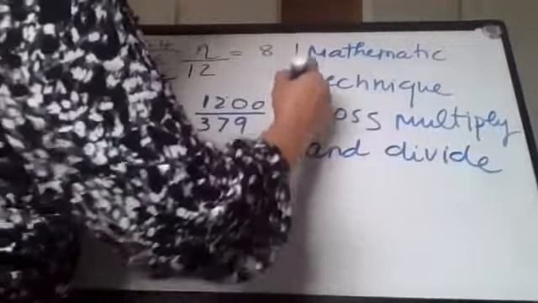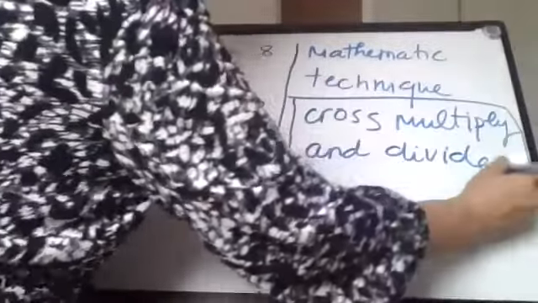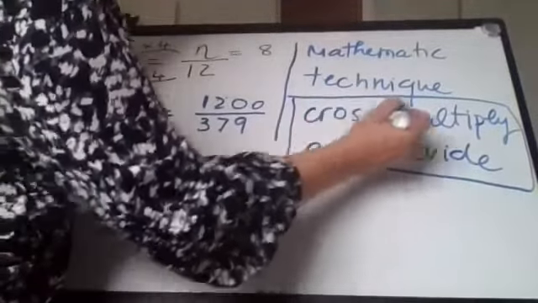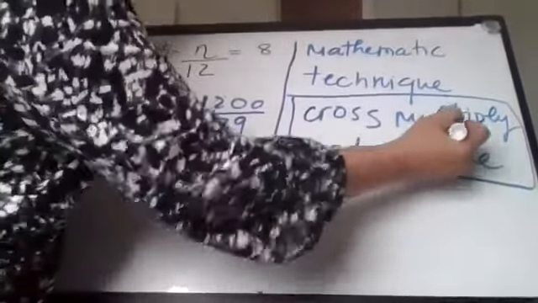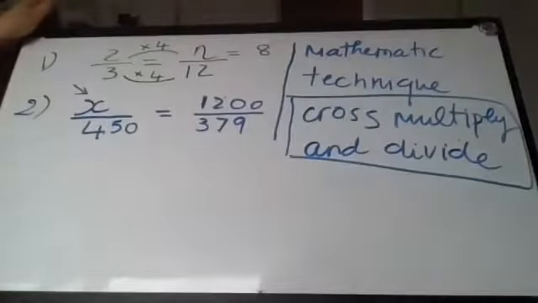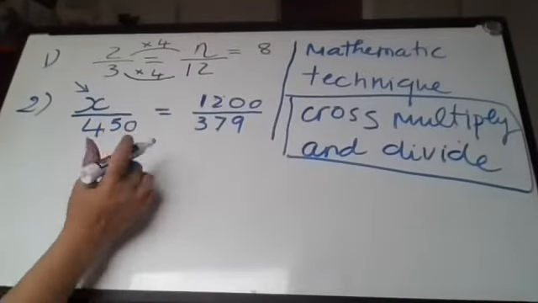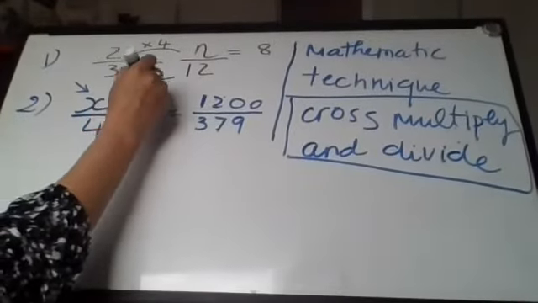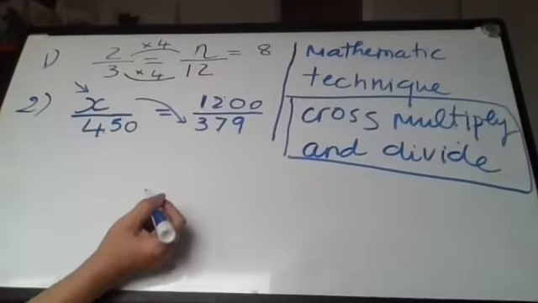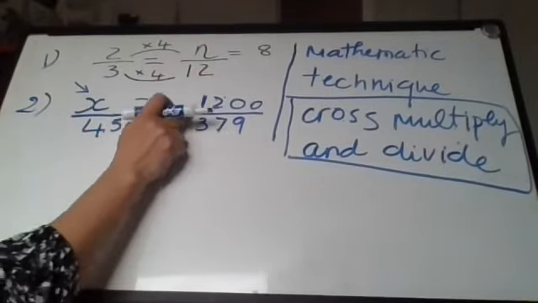It always works well if we know how to solve using cross multiply and divide. So to find x here, all you do is cross multiply and divide.